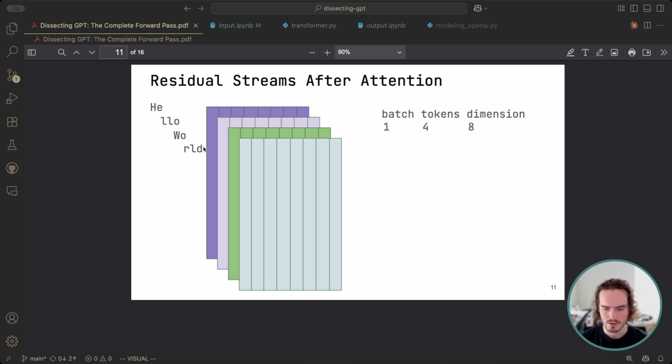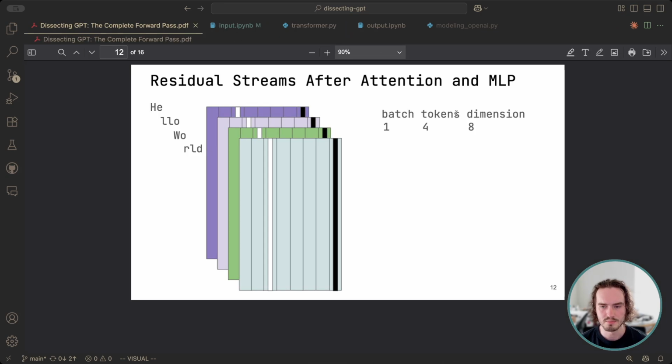And so here I've attempted to visualize, okay, we ran our attention and our multi-layer perceptron. What did the multi-layer perceptron actually do? I've just added these white and black slivers here to visualize that we are mutating the information that's on these tokens, but the same function is run across each token.